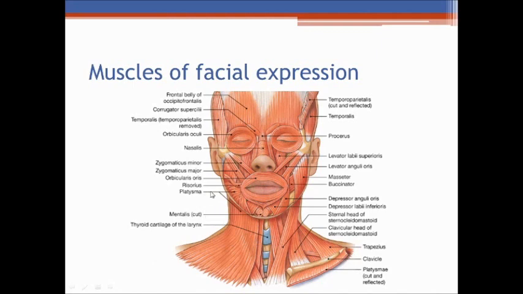You also have these really long muscles that go from your jawline down toward your clavicle, known as your platysma, and it helps to make a really cringed face. You have muscles of mastication, known as your buccinator, your masseter, and some deeper ones that aren't pictured here.